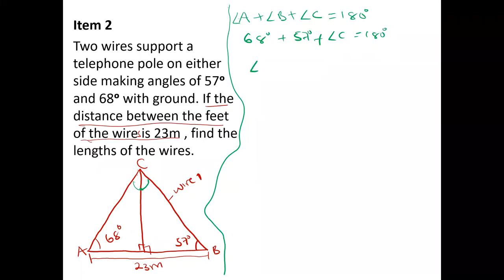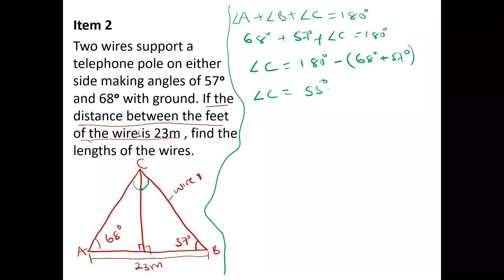So angle C is equal to 180 degrees minus the sum of 68 degrees plus 57 degrees. So we shall have our answer as 55 degrees. Angle C is 55 degrees.